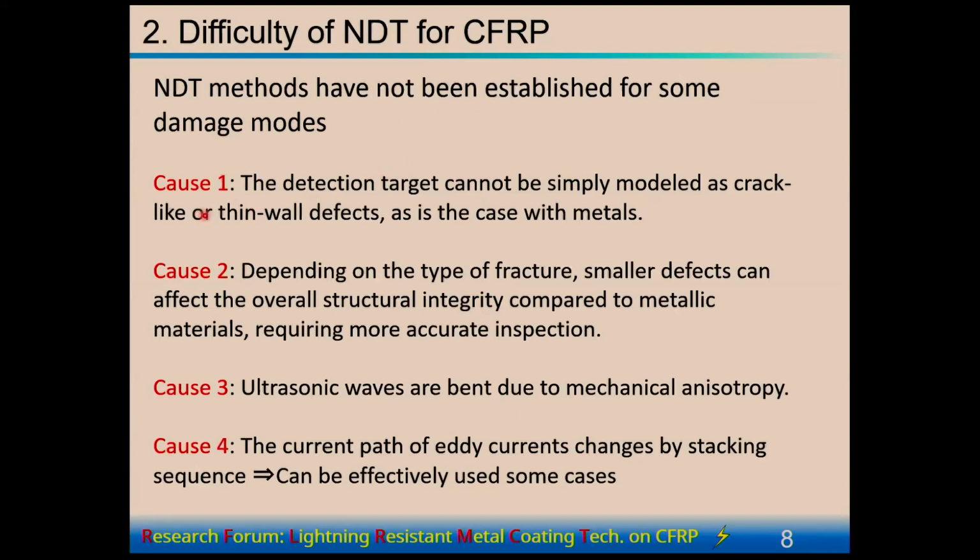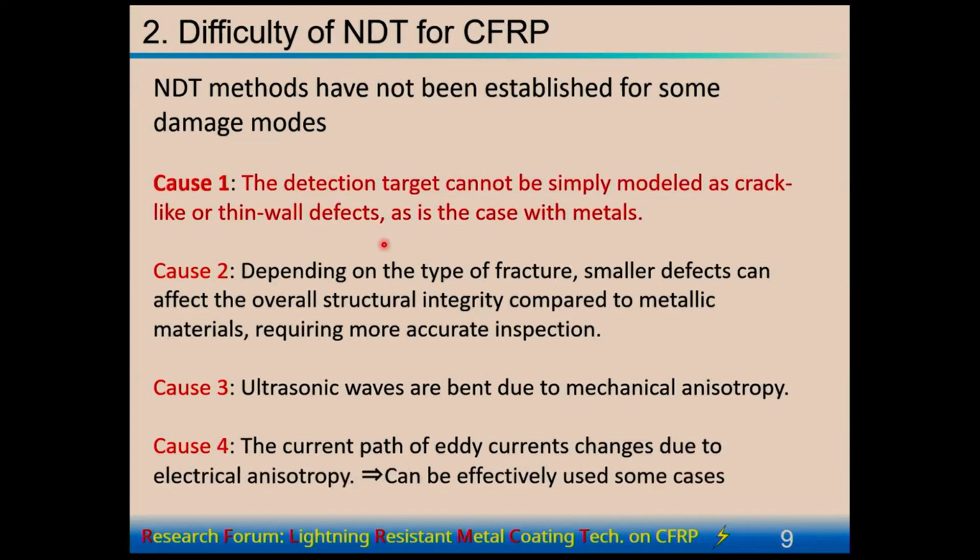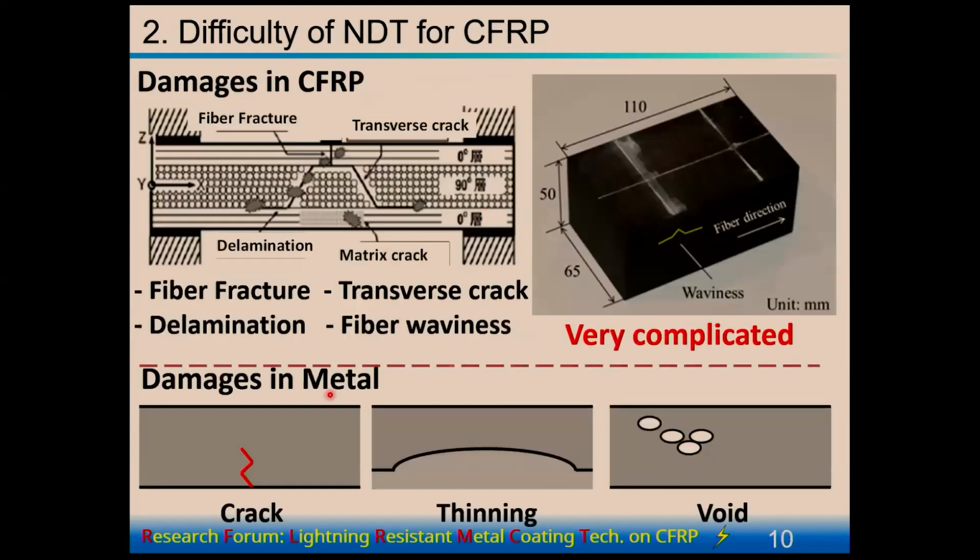The first reason is that the detection target cannot be simply modeled as a crack-like or thin wall defect. Compared to metal materials, we cannot simplify the damage mode like crack, thinning, or void.